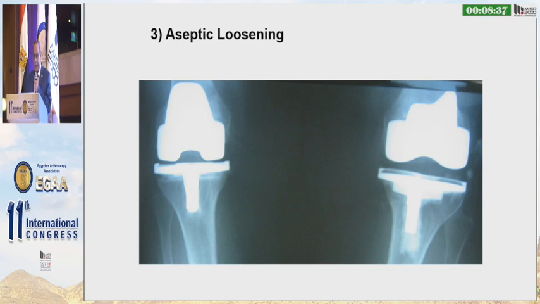The next is aseptic loosening, and this could be diagnosed by the plain X-ray. You can notice the radiolucency, periprosthetic, and also there is reduction in the joint space because of the polyethylene wear.